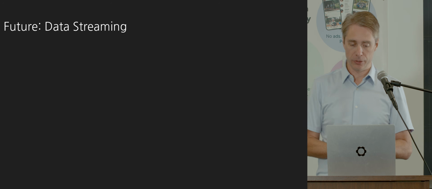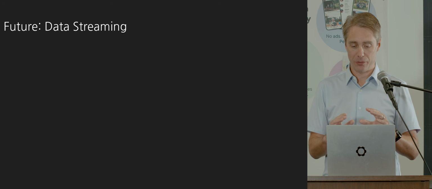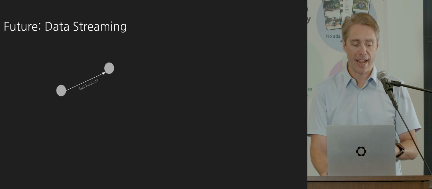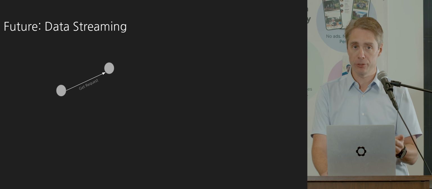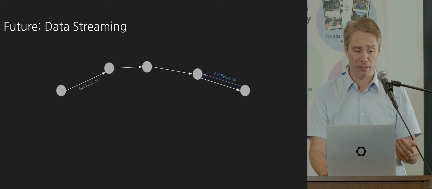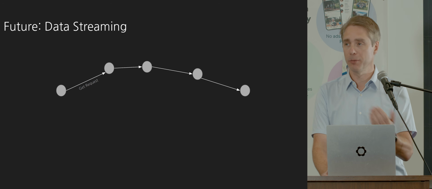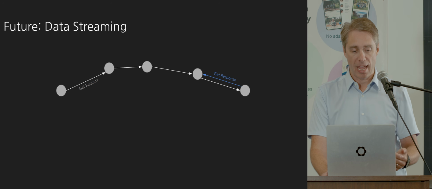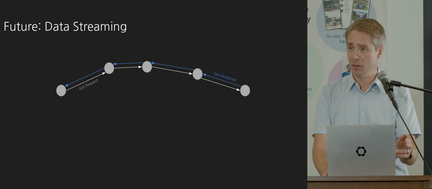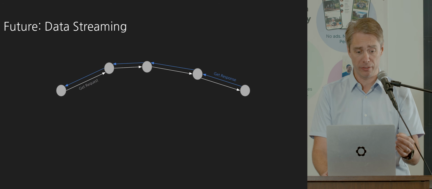So just to talk a little bit about some of the things that we'll be doing in future. Right now, when some data is requested from the network, the request passes along a request chain, similarly to a connect request. And then when it finds the data, it is sent back along the same chain as a response.